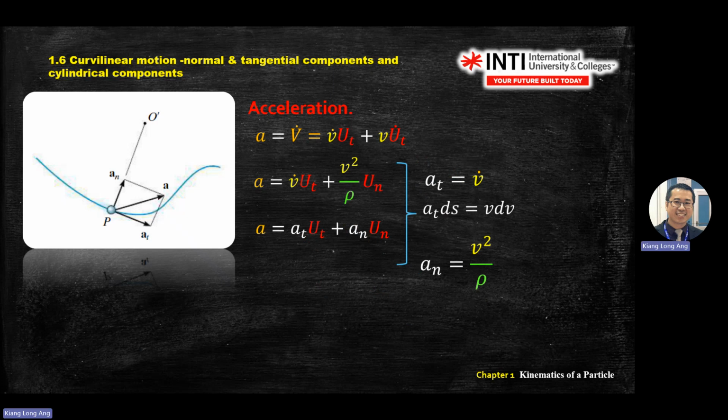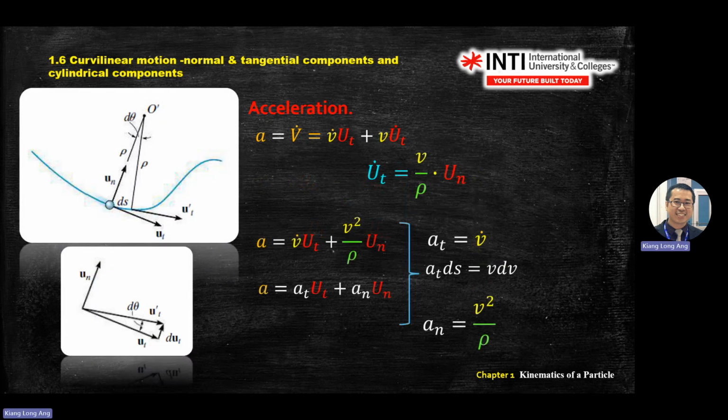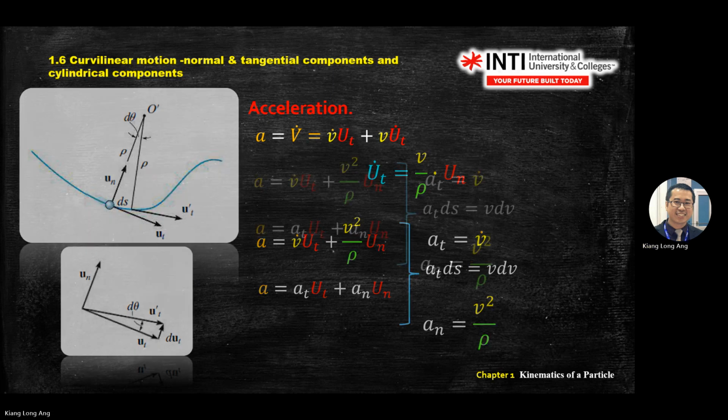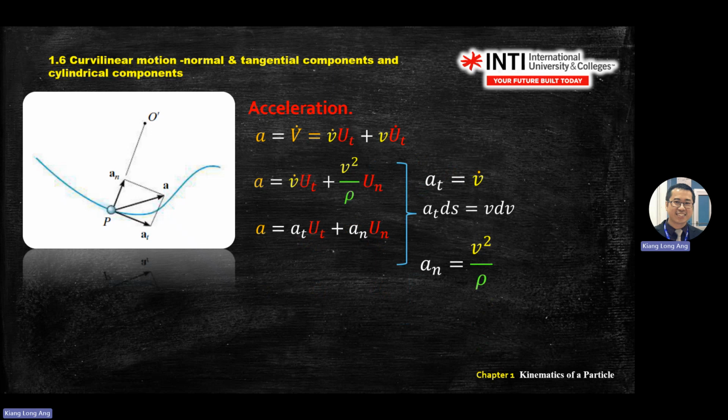Next is how to draw your acceleration direction. Just now, this slide was on the velocity. Now, once you have the AN and AT on your free body diagram, you need to know how to draw your AN and AT, so it won't go wrong again.